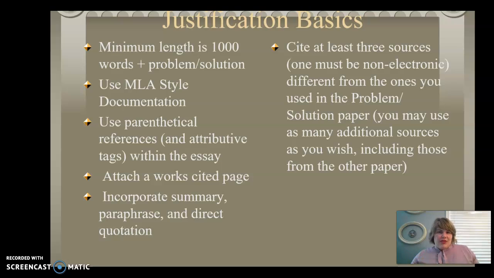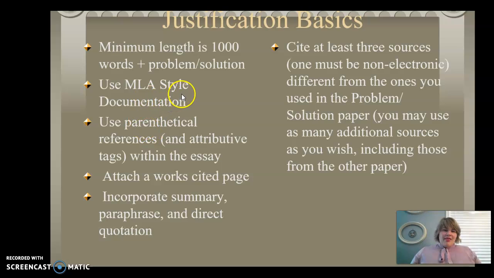So if you do have a 3-point thesis statement and you kind of say, okay, each reason's going to get this number of words, and it may not work that way, but that's a good way to break it down in your head. It could be that you have one reason that's more significant than the others, and so it may get a little more, but just as you're getting started, that's a good way to kind of break it down in your mind so that you're not overwhelmed with the idea of, oh my gosh, 1,000 words.